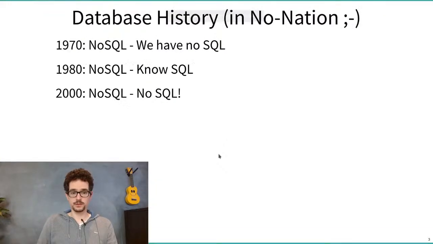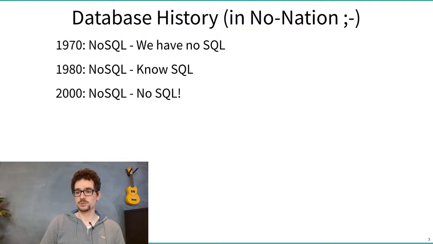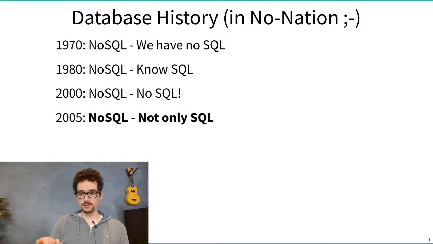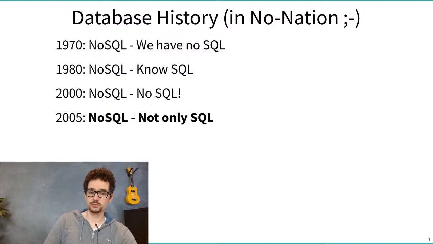Okay. So in 2000, the meaning of NoSQL was, we don't use SQL. Then, and that's today's meaning of the term NoSQL, it means not only SQL. So it just tells you that there's SQL, and SQL is still important, and SQL is still the standard.